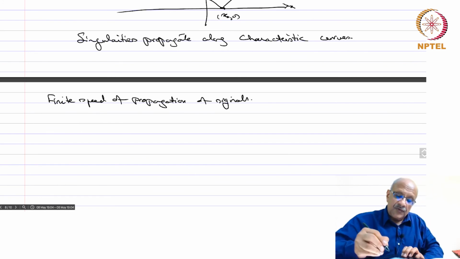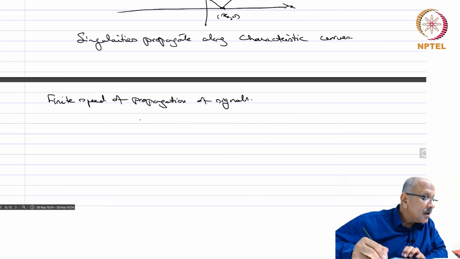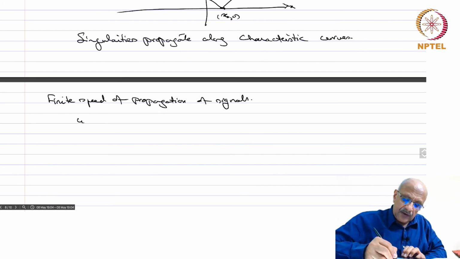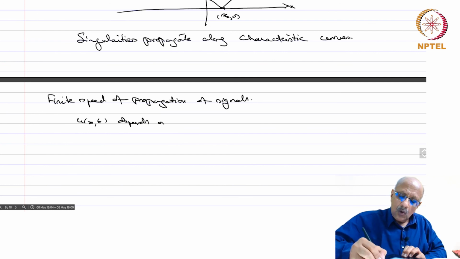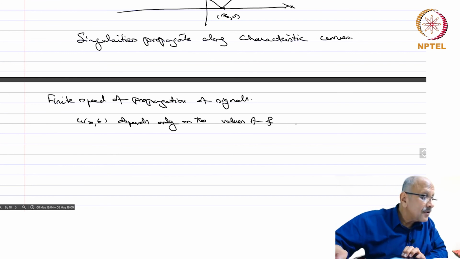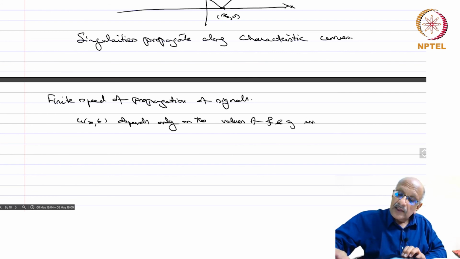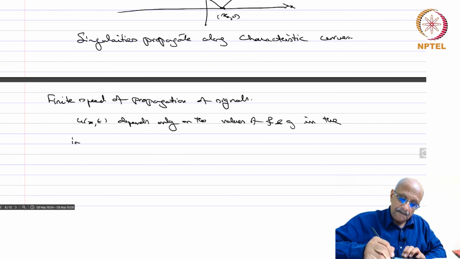So u(x,t) depends only on the values of f and g in the interval x − t to x + t.